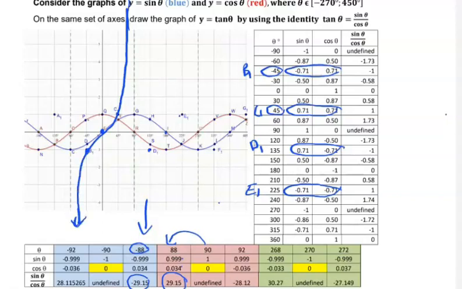And on the right hand side of 90 degrees, I had 92. On the left hand side of 270, I get something like 268. And both cos and sine are negative, so the answer will be positive, so it means the graph goes to plus infinity.